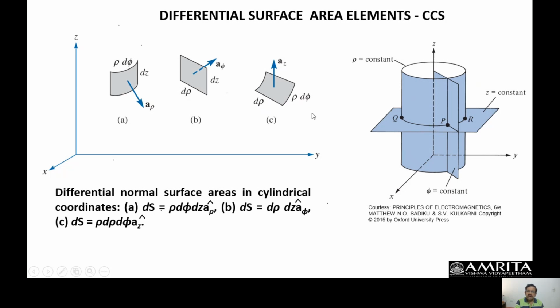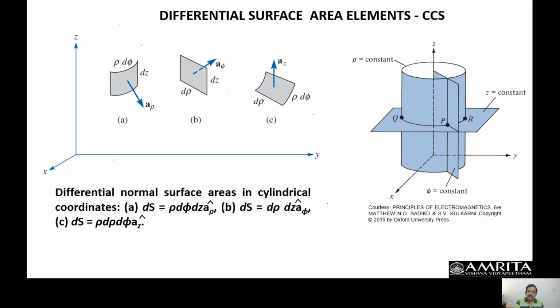When I take phi as constant, the phi plane, which is shown by this rectangular plane, here phi is constant. When phi is constant, I will have to take suitable limits for z and rho, which means z can vary like this, and rho can vary from 0 to the rho value, which could be anything given in the problem.